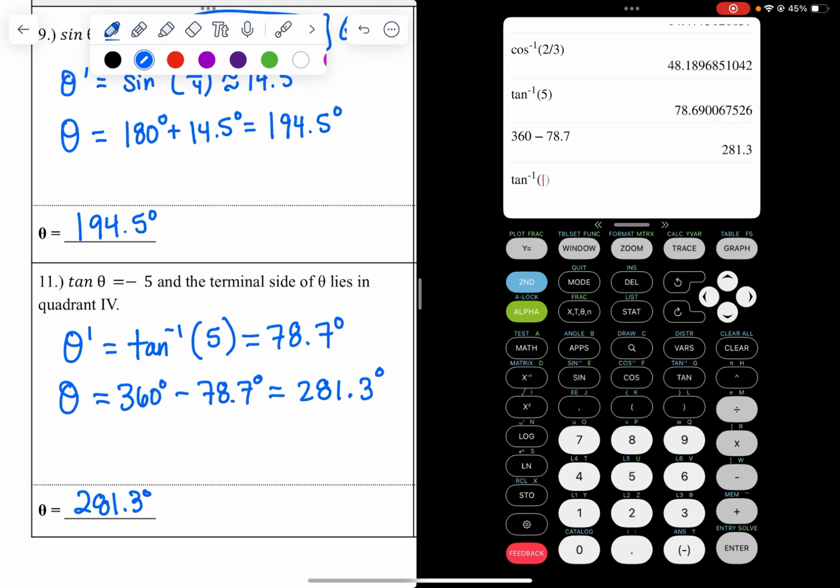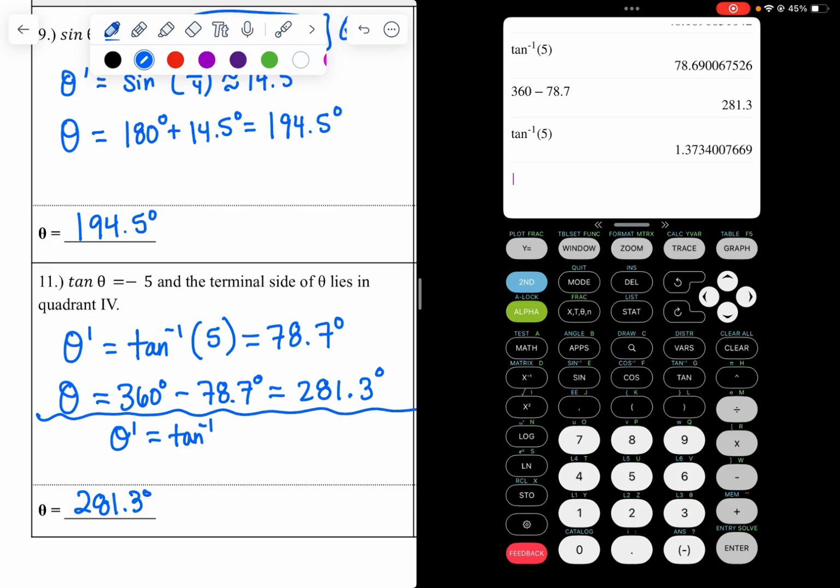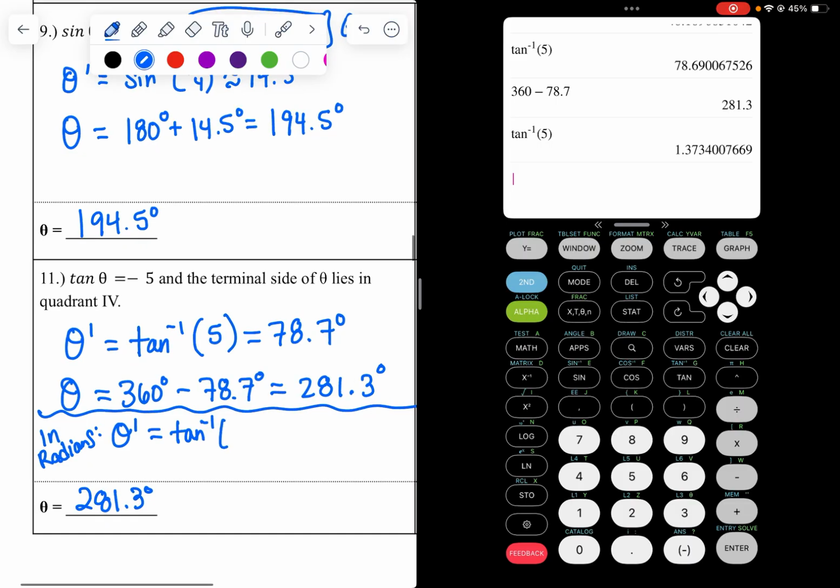Now if I do second tangent to bring up the inverse tangent of 5, in terms of radians, theta prime, so the inverse tangent of 5 is 1.4 radians.